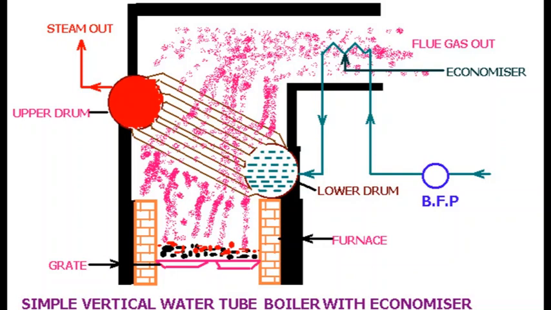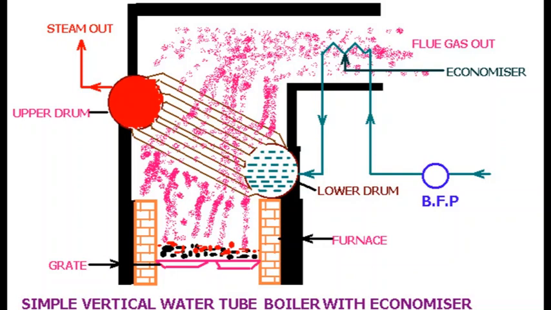So steaming capacity naturally increases with the same size, and we have savings in fuel and improvement in efficiency. So from there this concept of the economizer came up.